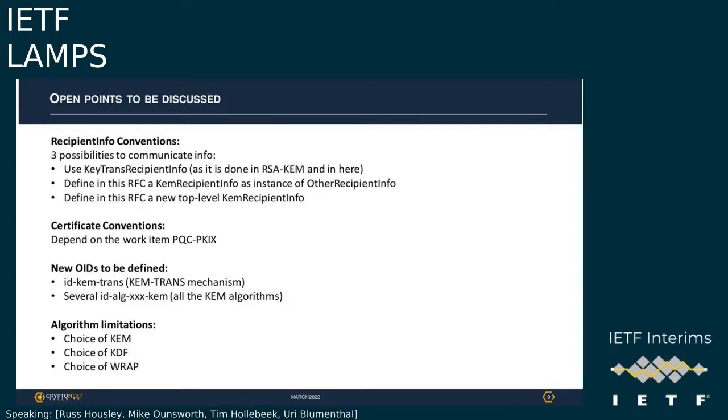Got it. So I think what Yuri's going to present is basically an XOR wrap, but you still need to choose a KDF? The thing to be careful of here is we do not have a guarantee that KEMs produce a whitened shared secret.